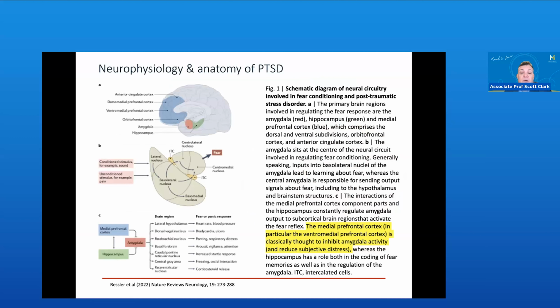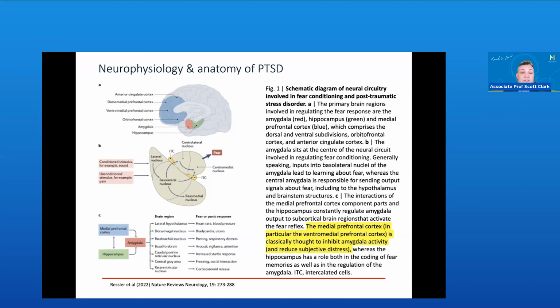So this is a complex diagram, and I guess this is a section through the brain showing the inside of the cortex of one of the lobes. And we can see here that there are components at the front of the brain on the inside. There's the amygdala, which is inside the temporal lobe, and the hippocampus, which is involved in memory, and the amygdala is involved in fear responses.